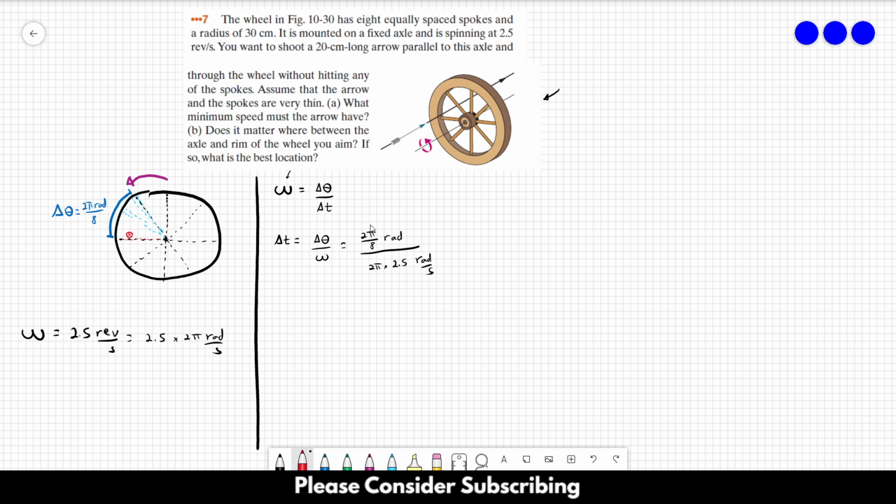So we can cross this out over here and we will find 0.05 seconds. So that's the time the arrow has to cross the wheel entirely.